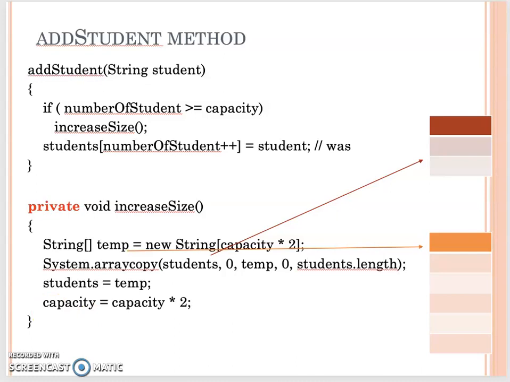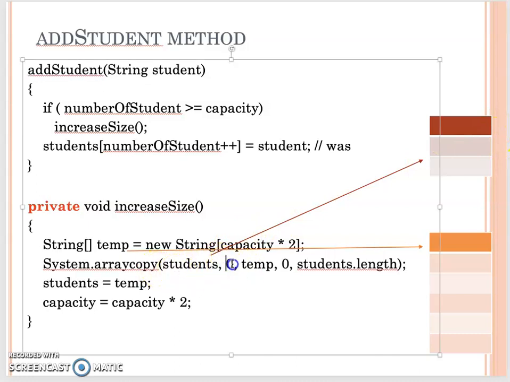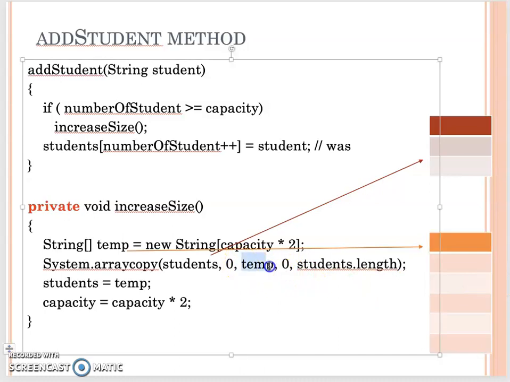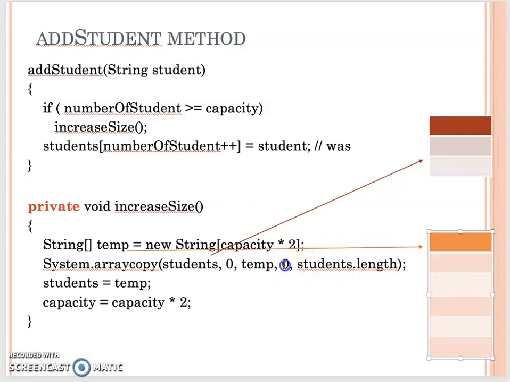So that's why here I increase the capacity. But when I increase the capacity, they are empty content. So then I need to copy the old one, so I do an array copy. I copy the old one, that's the source array, starting from 0. Then I have my target array, that's the temp, starting from 0.